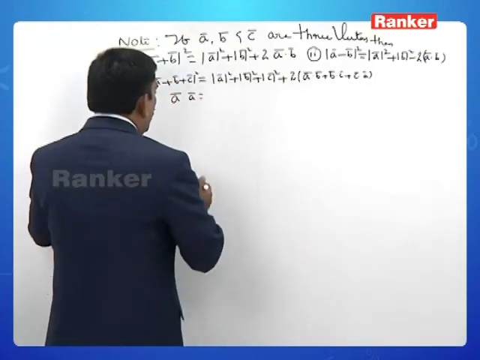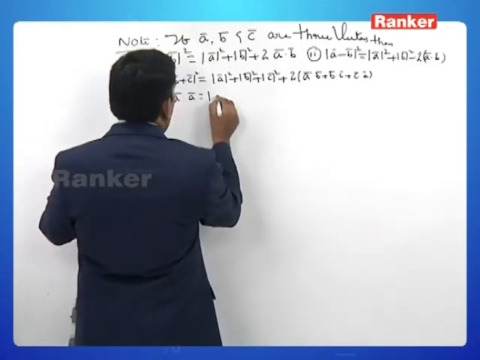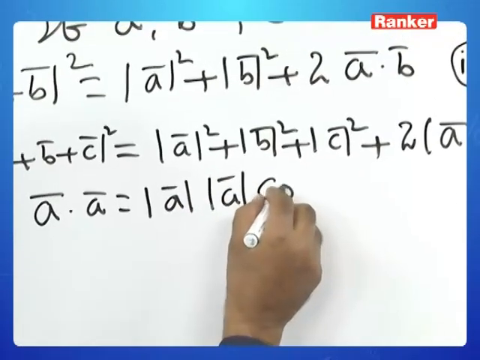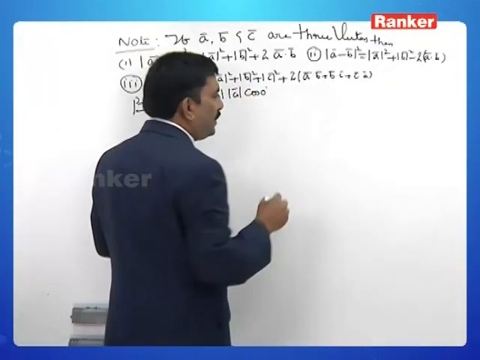Therefore, A bar dot A bar is equal to modulus of A bar into modulus of A bar into cos 0 degrees.